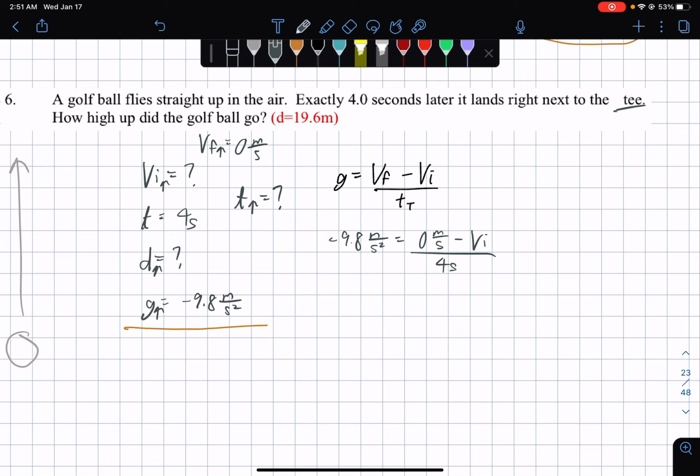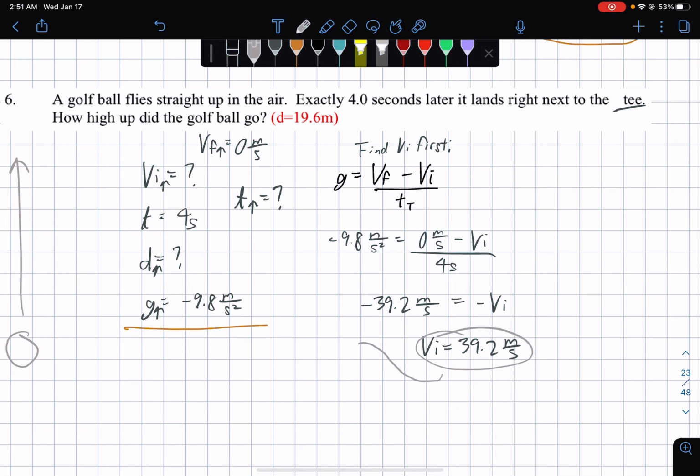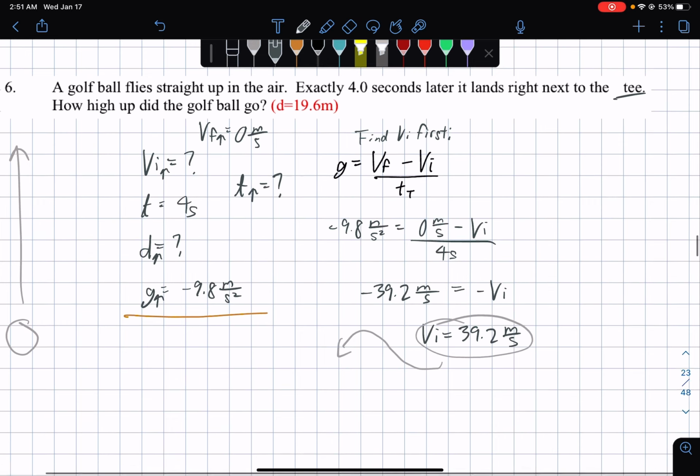We have to look for VI first. So negative 9.8 times 4 is basically 19.6 times 2. It is 39.2. Okay, so cancel the negatives. The answer is 39.2. Well, that's not the final answer yet, but it's going to help us in finding the actual answer.